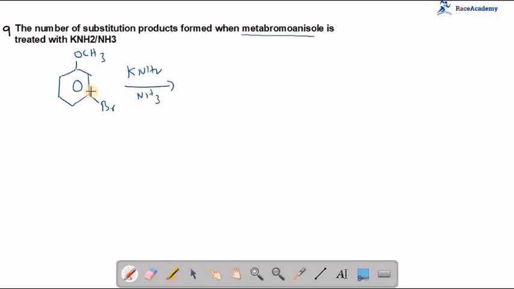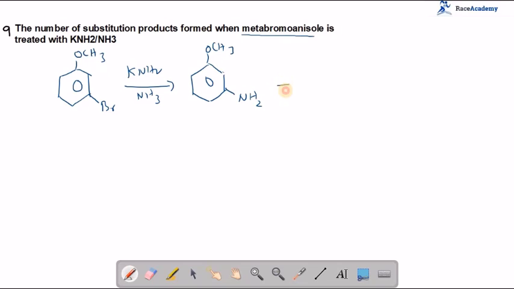Adjacent to this halogen, and on the halogen carbon, there is a possibility of formation of amine groups. So the amine group will be promoted on the positions of this anisole. The main position is this one where halogen is there. That position gives the main product.